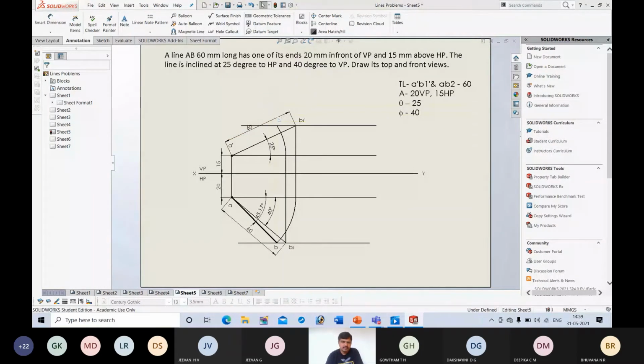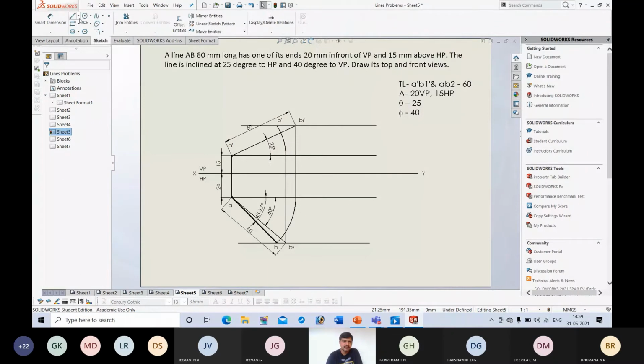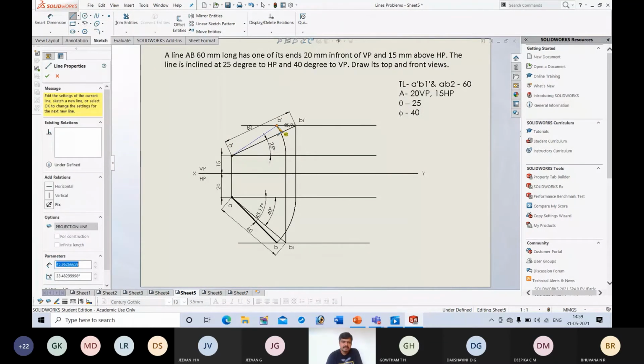So this is B dash. If you connect A dash and B dash, that is the front view. So I will connect A dash and B dash. So this is the front view.